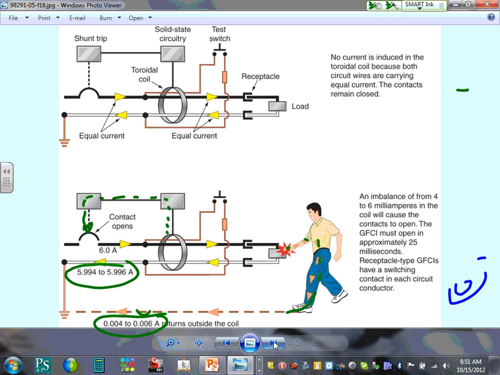Everybody knows how the GFCI works. There's a sensor. It senses the current in and the current out. If they're not within 4 to 6 milliamps of each other, they will trip. This means there's a few milliamps of current that's leaking through somebody's heart. Thumbs up, Chad? We understand that?